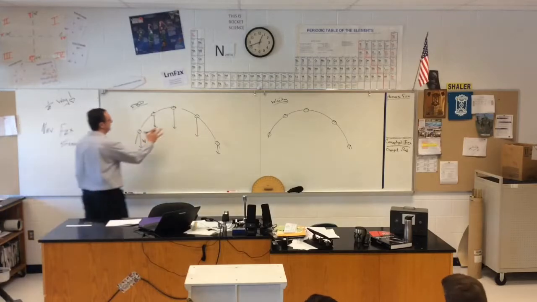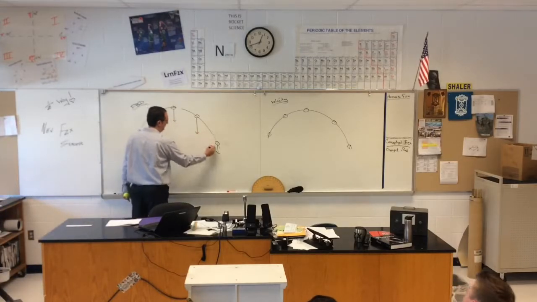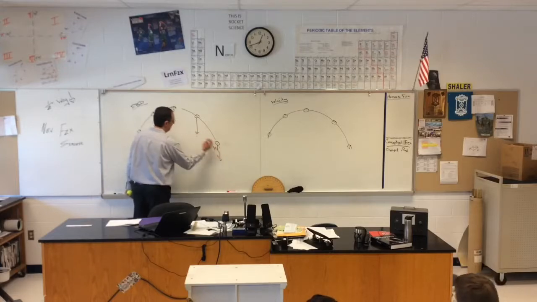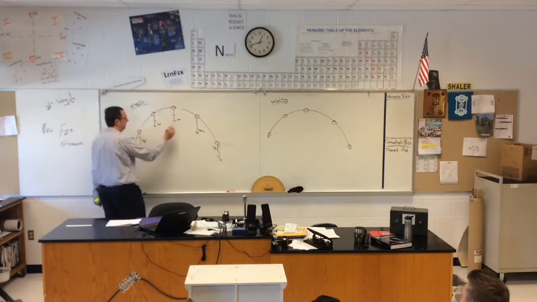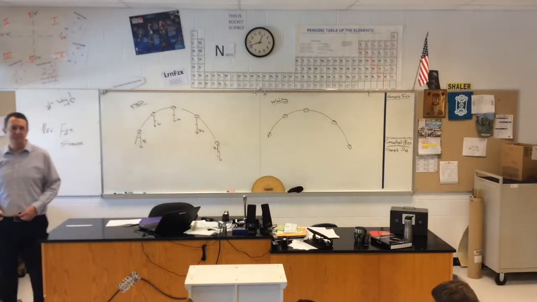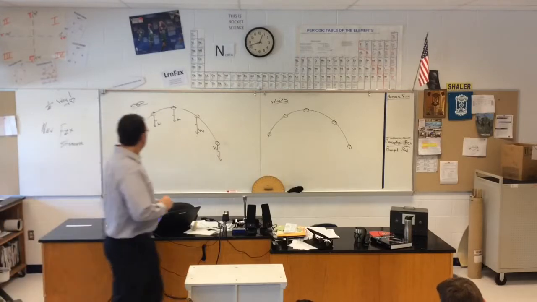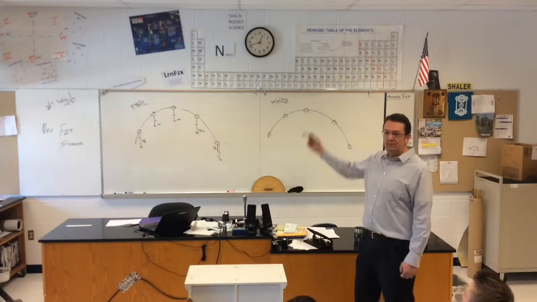This one I drew intentionally significantly longer, and this one is too short. That's the weight, and that's the weight, and that's the weight. They're all weights, and you can label them as such. It's all the exact same size all the way through. So those are your weights, and that is the free body diagram for every one of them.